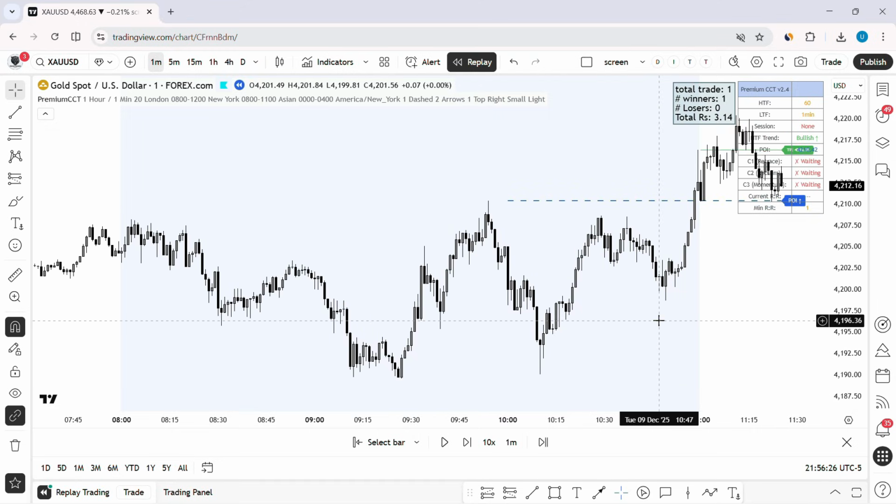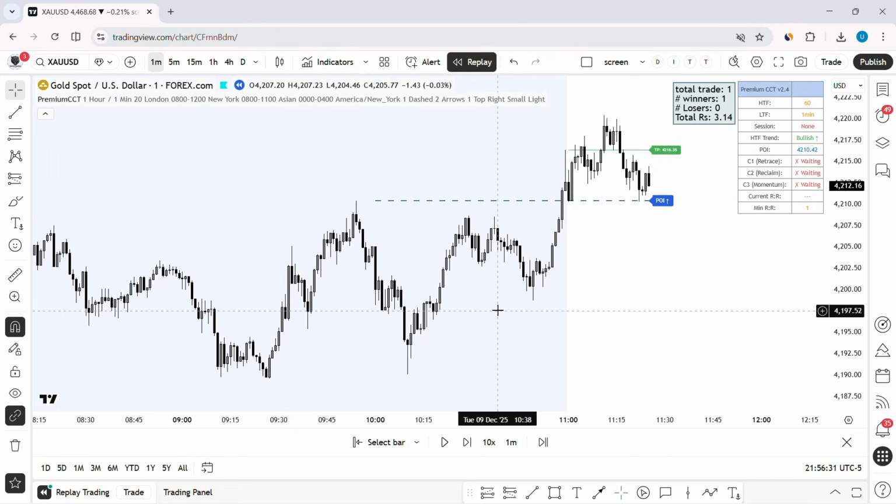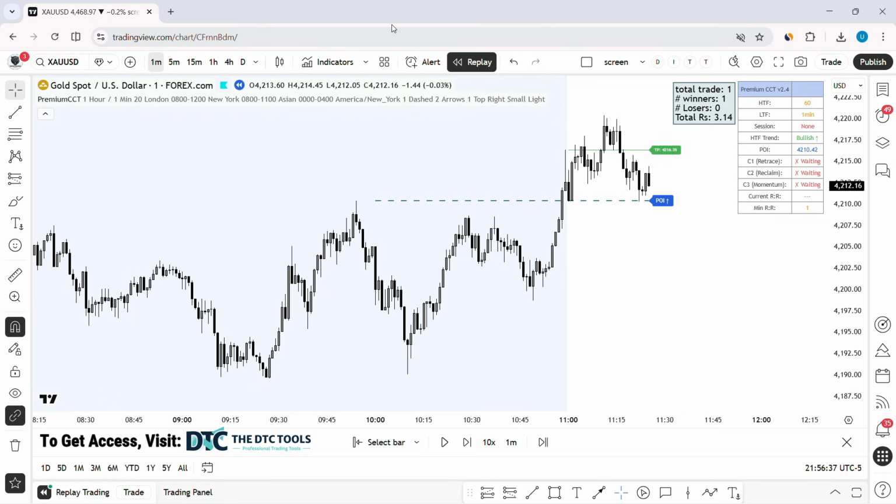As you can see, during the whole session, no POI forms and no trade forms as well. Let's go to the 10th December and see if any trade forms.